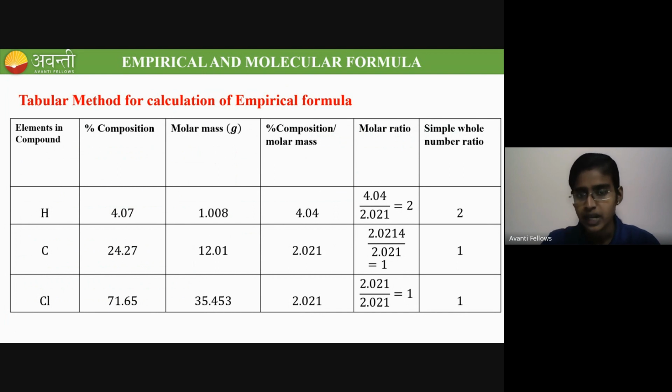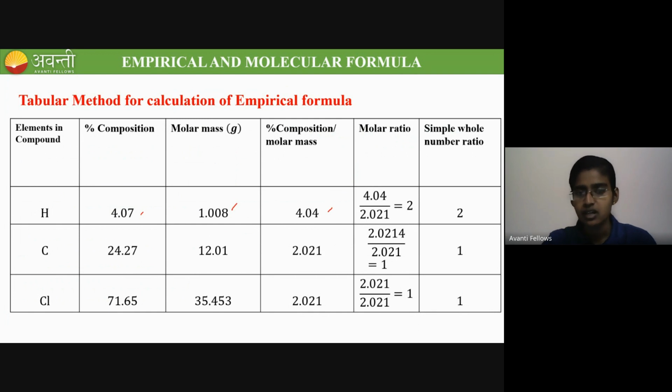Then we have to find out the number of moles. Number of moles is nothing but the percentage composition divided by molar mass. So just divide these two numbers, and you will get 4.04 and the corresponding values here. Fourth column is over now. Now next we have to find out the ratio. To find out the molar ratio, you divide all these numbers by the least number among those three. When you compare 4.04 and 2.021, 2.021 is the least number.